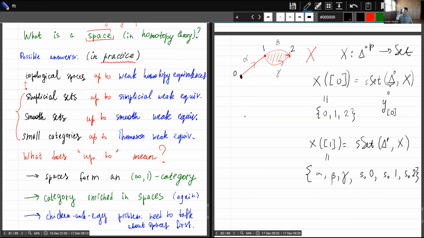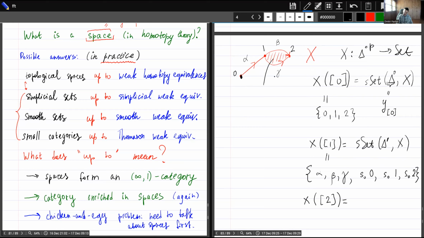I think I'll also take care of 2 simplices. Well, we see one true 2 simplex in the picture, this shaded thing in the middle.